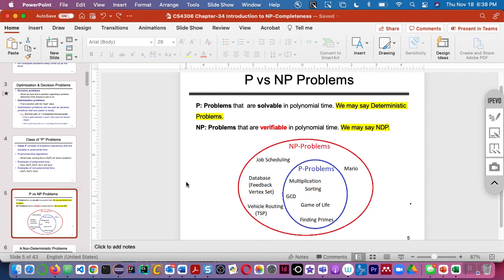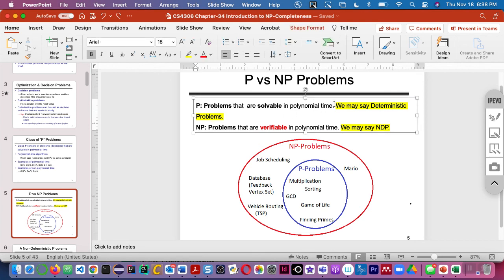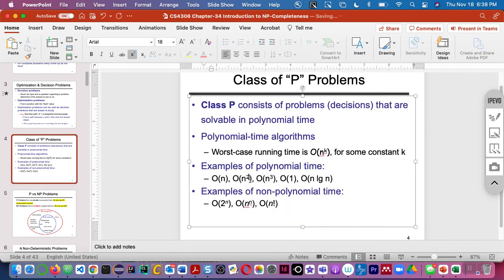This is not a single problem but a set of problems, denoted as P, deterministic polynomial problems. That means the problems that can be solved in polynomial time, either big O or constant time, or one of these.